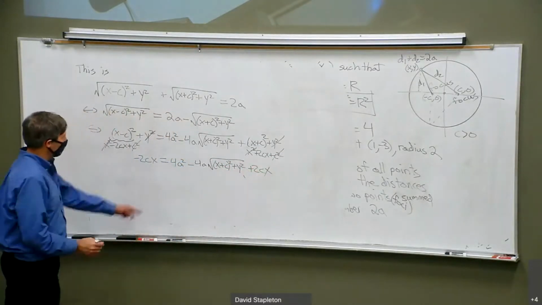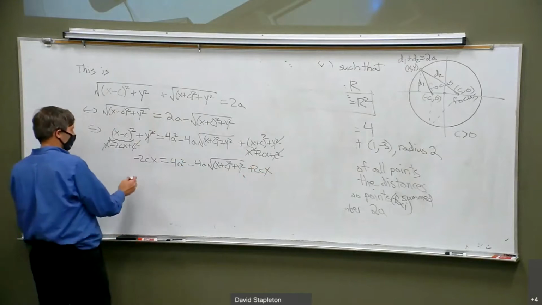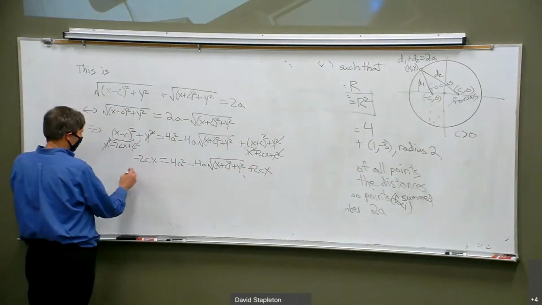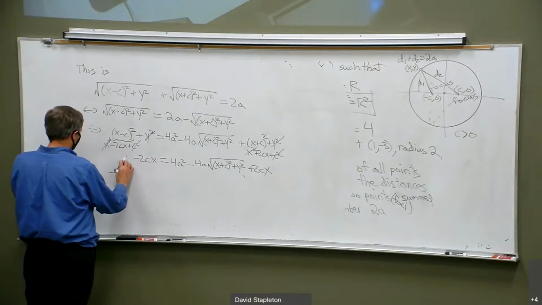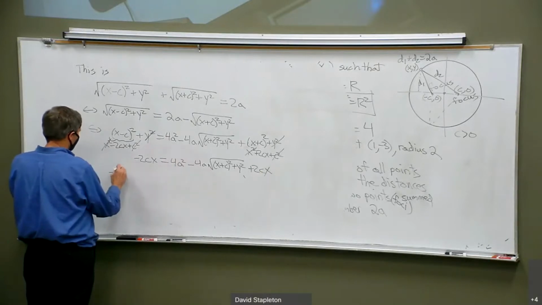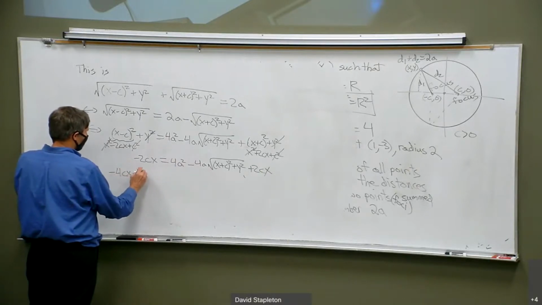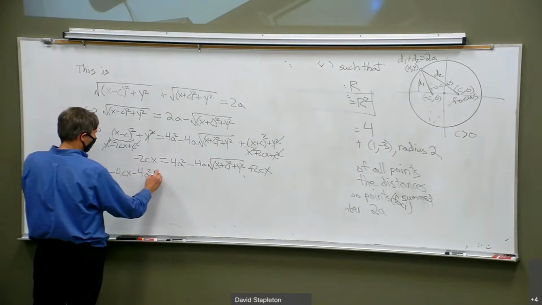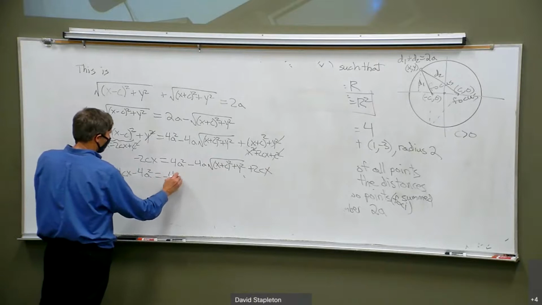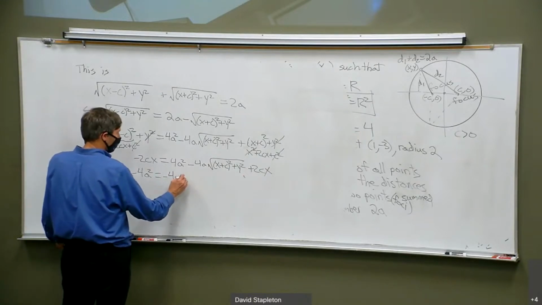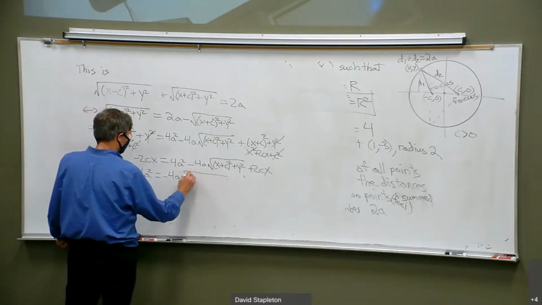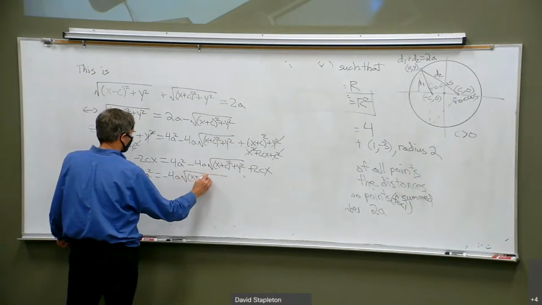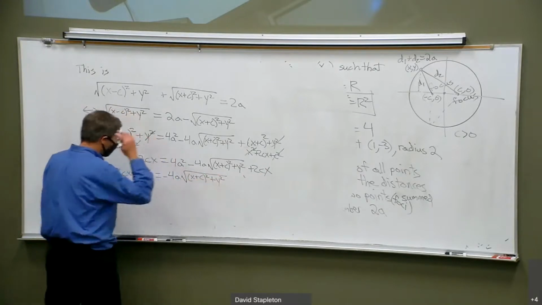All right. Now I'll subtract everything but the square root over here and square again. So now I've got minus 4cx, by subtracting that other one over, minus 4a squared equals minus 4a times the square root of x plus c squared plus y squared. Right.